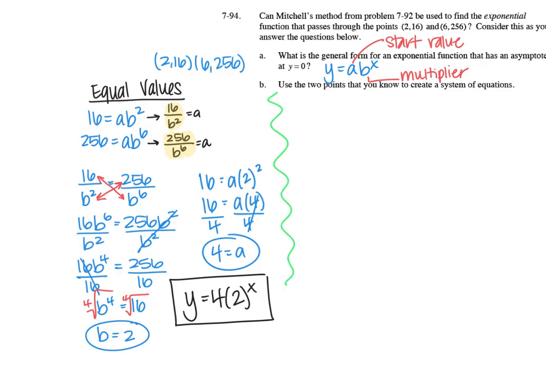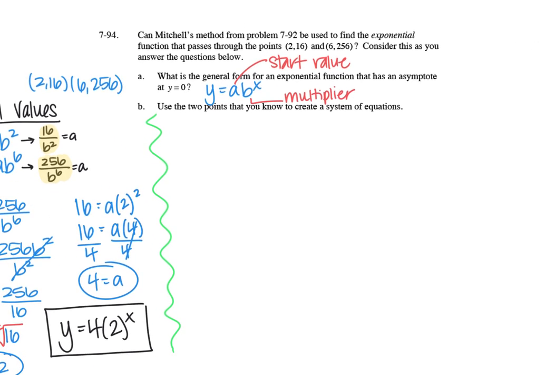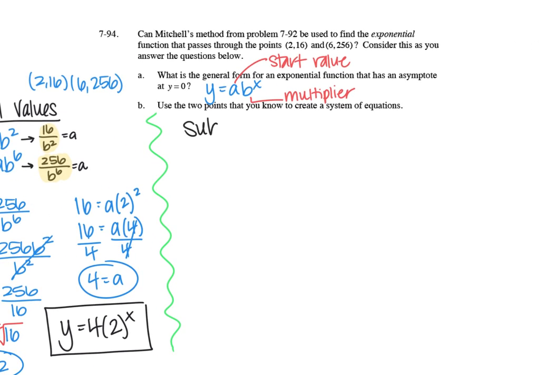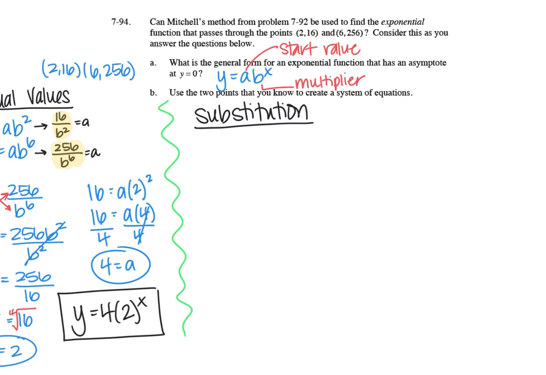All right. I'm going to show you how we use substitution. So once again, I'm going to start with my same 2 equations. So let me just label this substitution. I'm going to write my same 2 equations that I had before: 16 equals ab squared and 256 equals ab to the 6th.